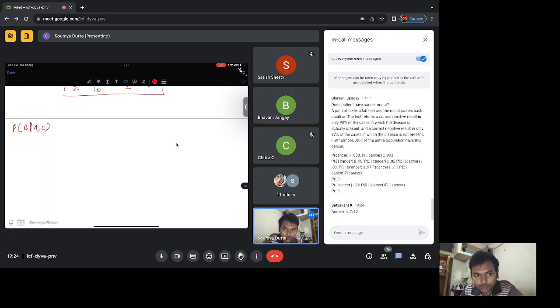You want to change it to probability of C given AB. So the condition should be only with respect to AB and not AC.